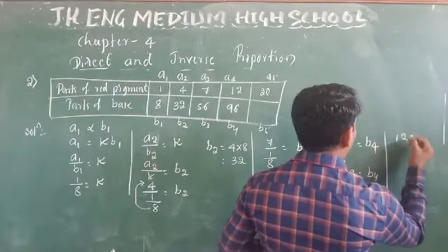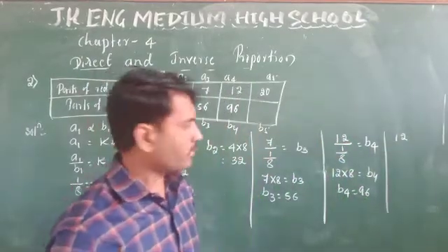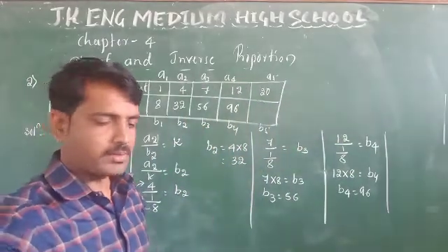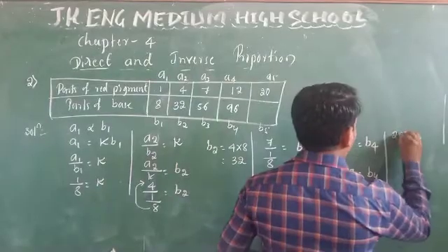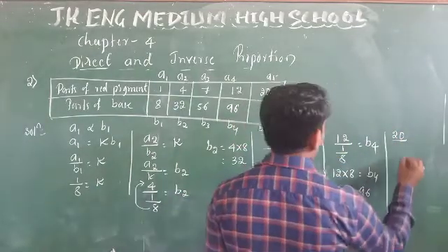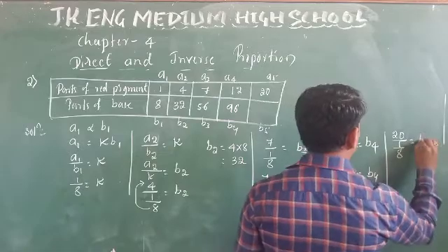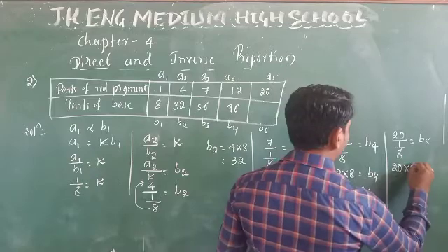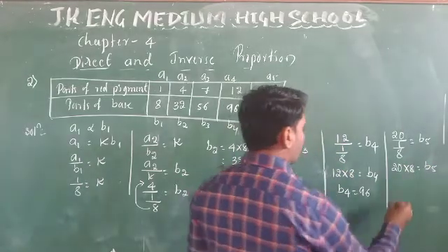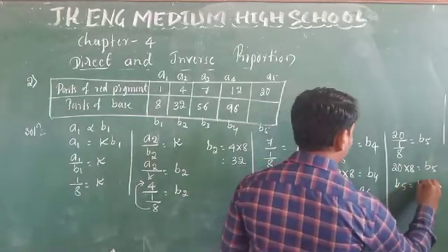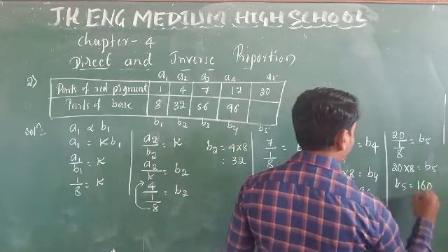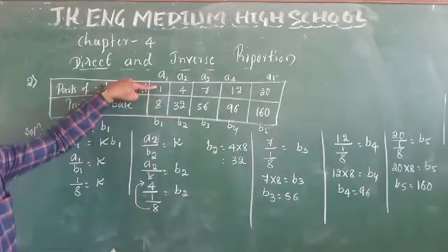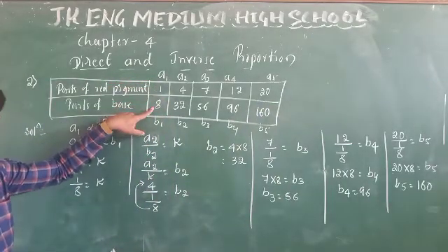So 20 divided by 1 by 8 is equal to B5. So 20 into 8 is equal to B5. B5 is equal to 160.